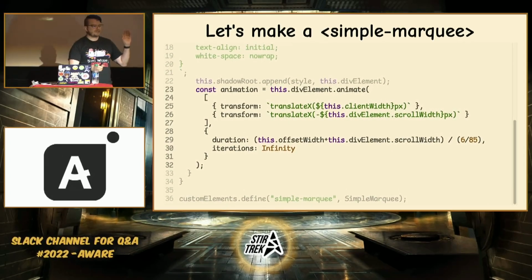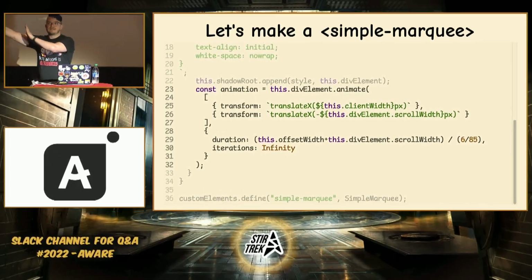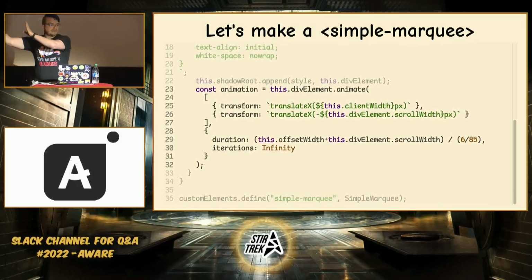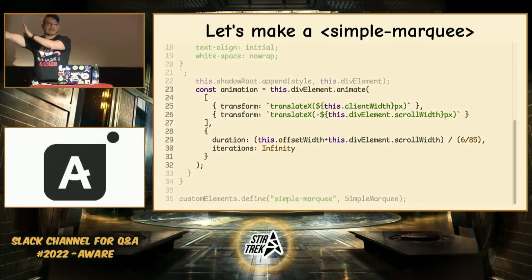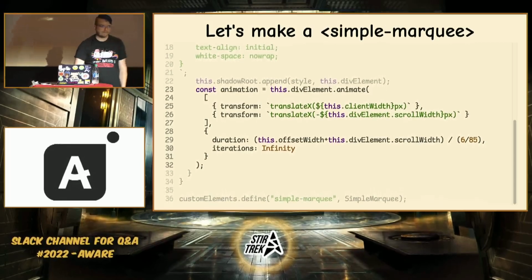So we're going to start at the client width, which is the width of the marquee element that we're in. We're going to start there. We're going to translate x all the way over there. And then we're going to go to our scroll width of our div in the negative so that it goes all the way off screen, right? So we're starting here, ending here.